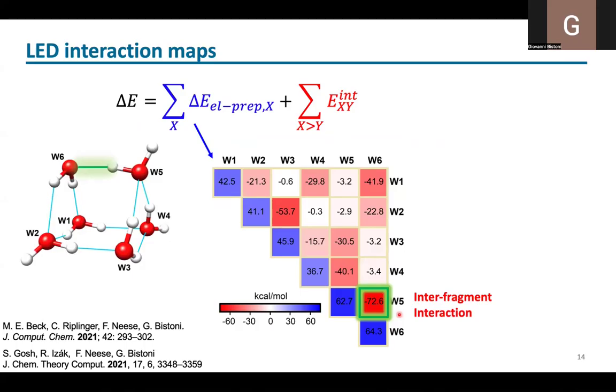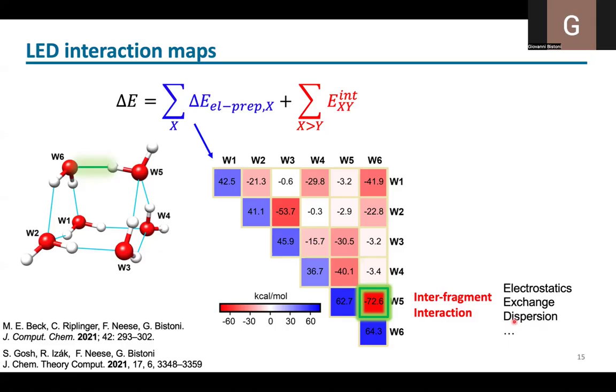This is a significant negative, so attractive contribution to the binding energy, and represents all the electrostatics, exchange, and dispersion interactions between these two water molecules. Now, using LED, these interactions can be quantified individually to obtain additional physical insights.